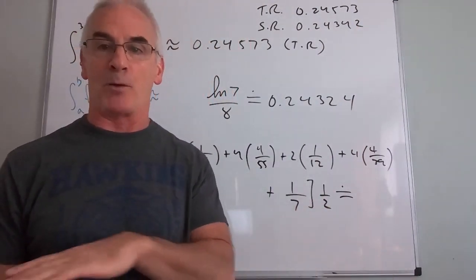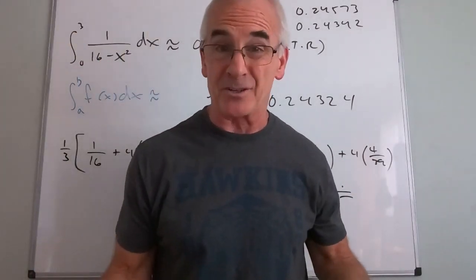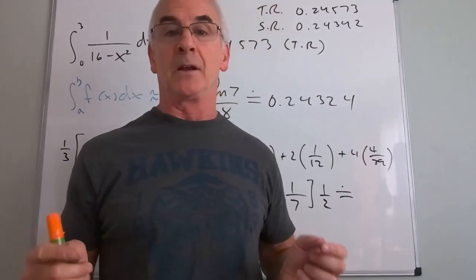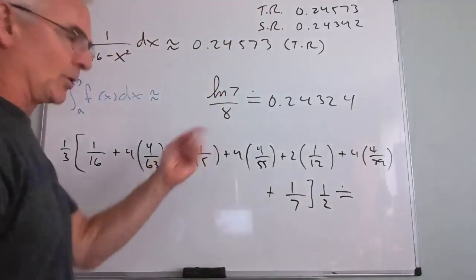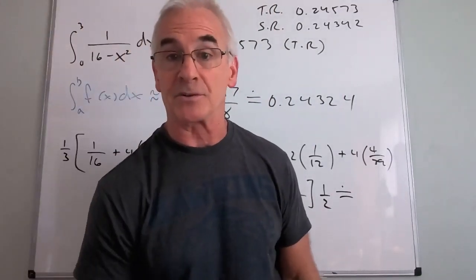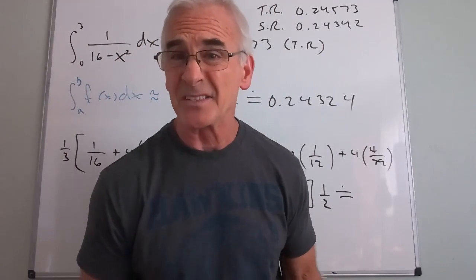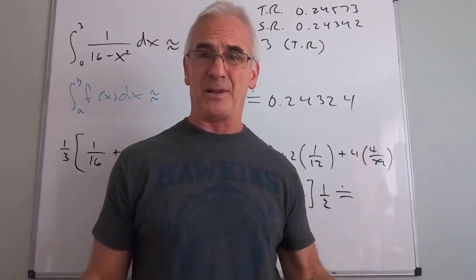But again, if you have a problem that's not changing much, the Simpson's rule and the trapezoid rule calculations are almost always going to be really, really close. They're never going to be exactly the same. You can't. You have different coefficients. But the nice thing is that both of them yielded answers. Think about it. We did n = 6, and the Simpson's rule was accurate to 3 places.